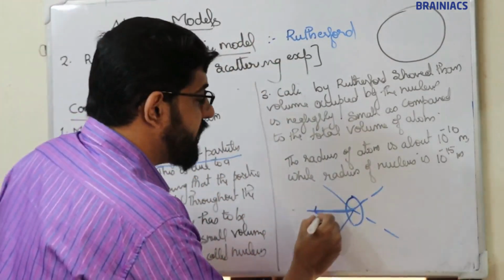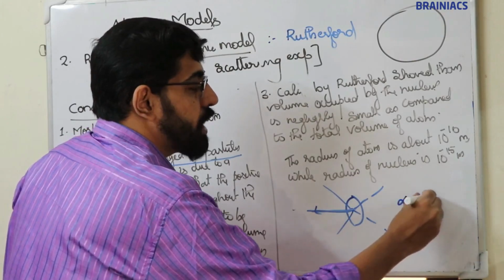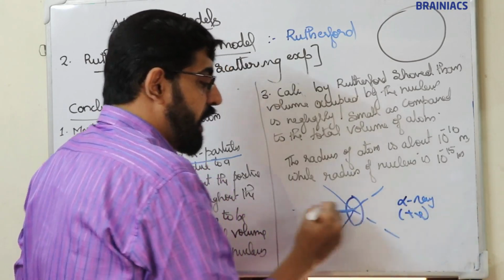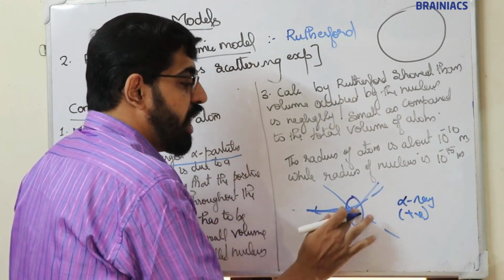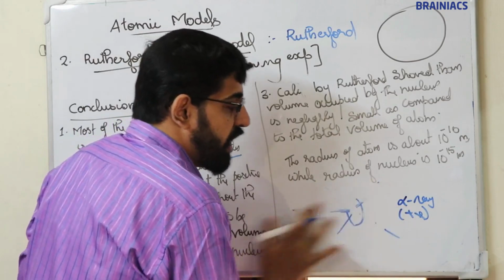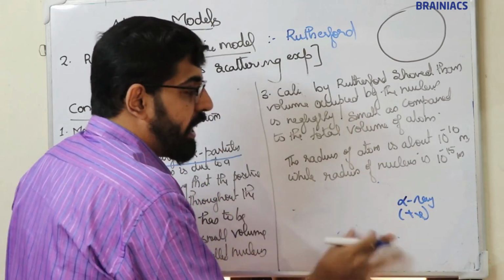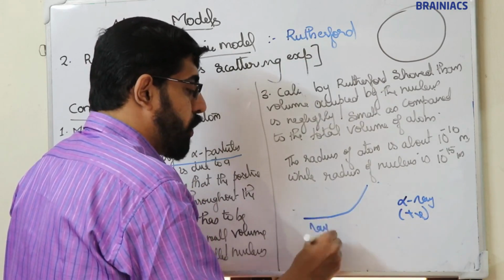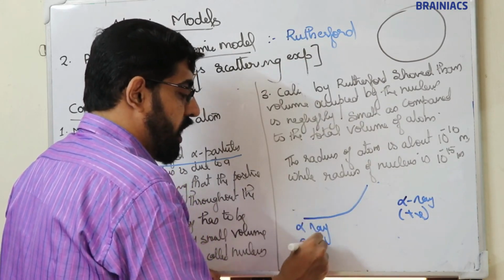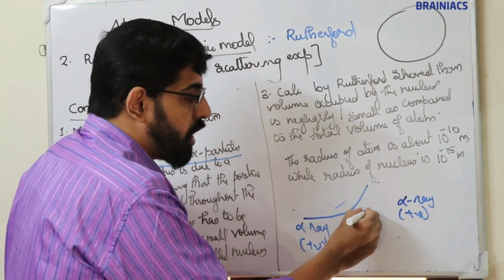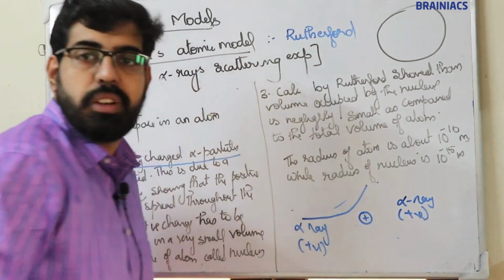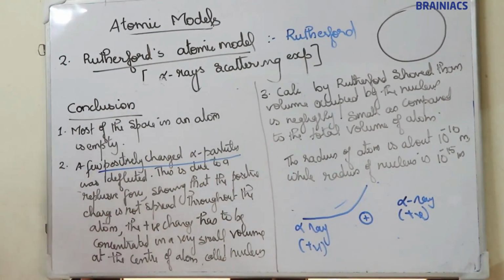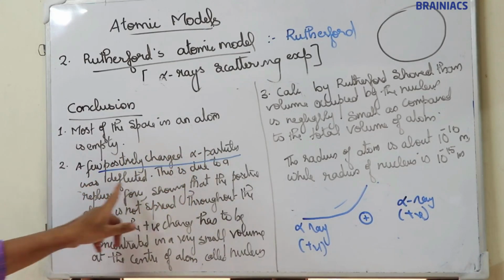Only then will an alpha particle deviate. So a few positively charged alpha particles are deflected.